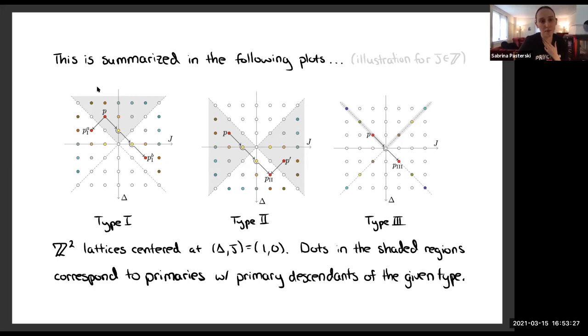When you have that, you have this full gray region of certain negative values of delta for which you would expect both a holomorphic and anti-holomorphic primary descendant. Similarly for type 2, at a given value of J, I have this semi-infinite set of where I can have different null states. And you can see that the boundary of those two regions is type 3.